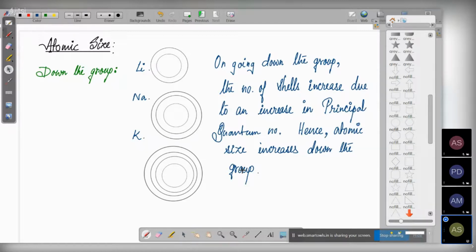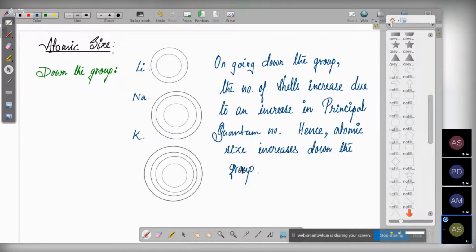I hope you will not make any further mistakes after this. Remember the diagram. You can clearly see from the diagram that as the number of shells increases, the atomic size increases. That's the answer. On going down the group, the number of shells increases because the principal quantum number increases. Hence, atomic size increases down the group.